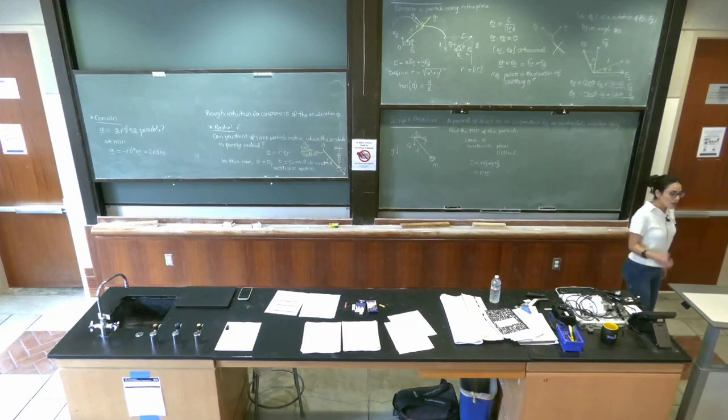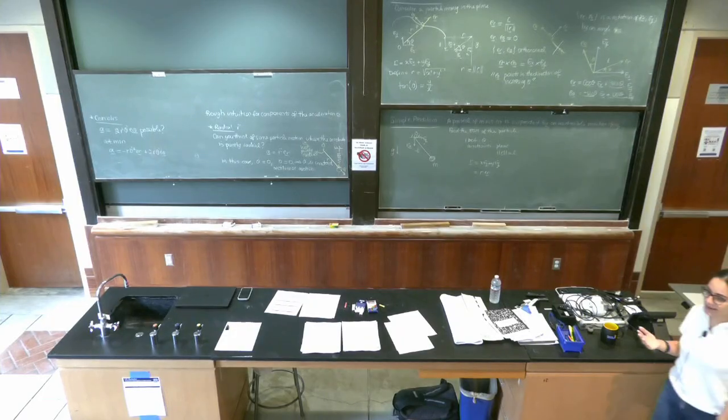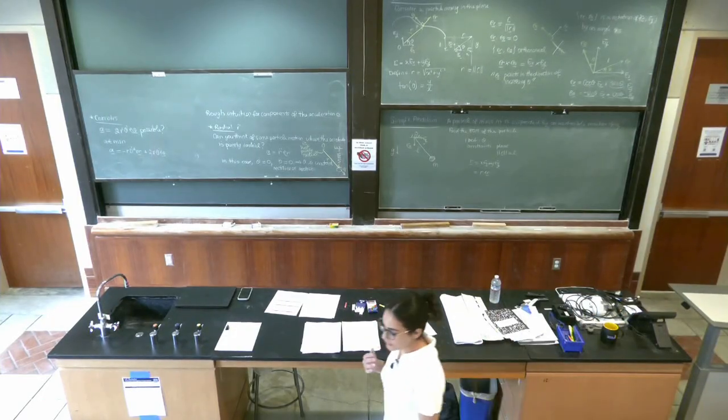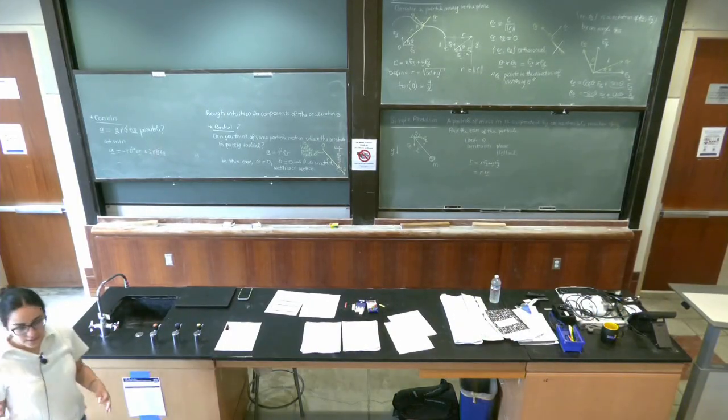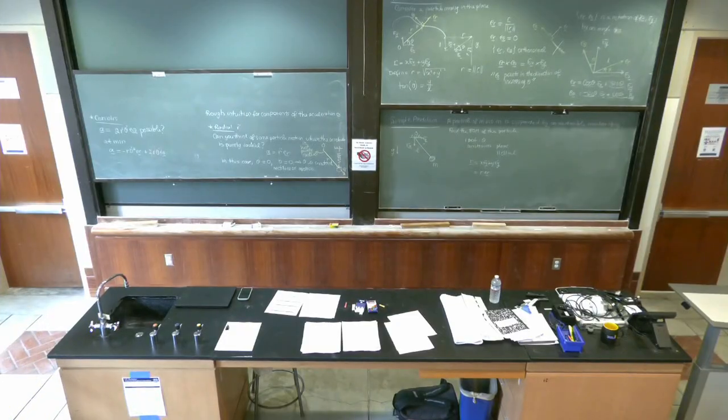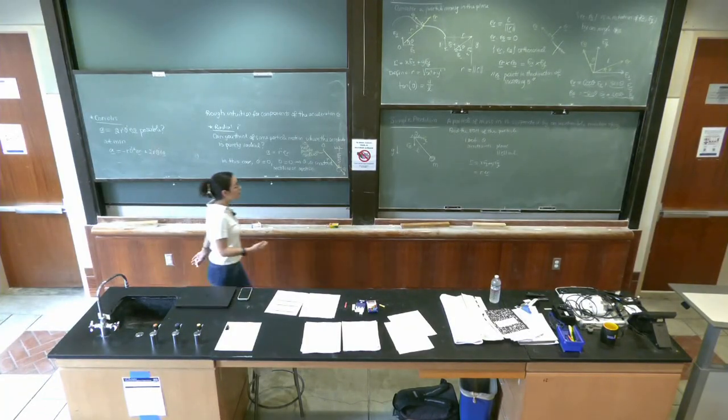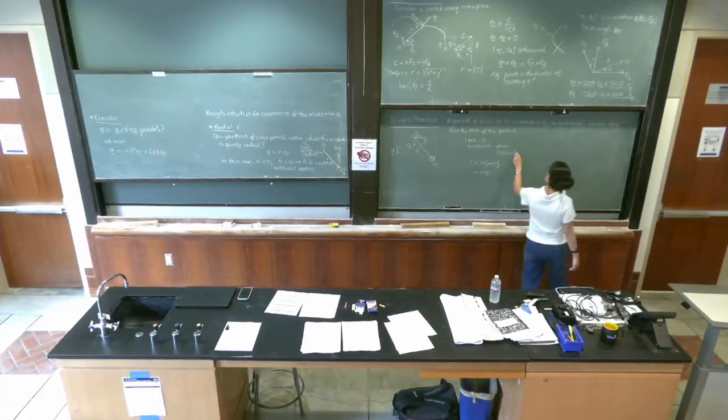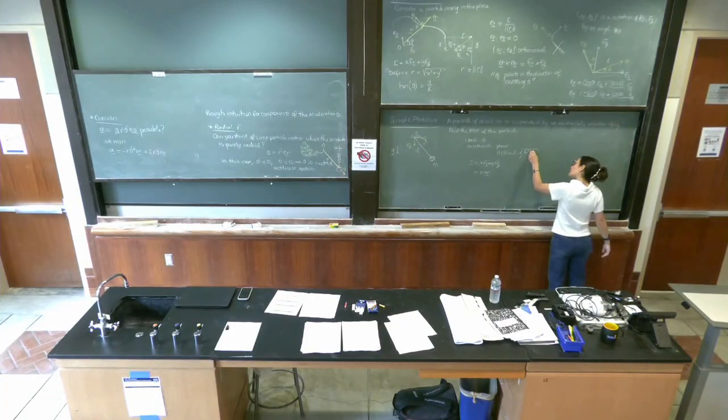Now, in which basis can I express the constraint of the length of the string being constant more easily? The length of the string is constant, meaning that the position vector has constant magnitude, right? In which basis can I express this constraint more easily? The polar basis, right? In Cartesians, this constraint becomes the square root of x squared plus y squared is equal to L. But in polars, this becomes that R is equal to L.